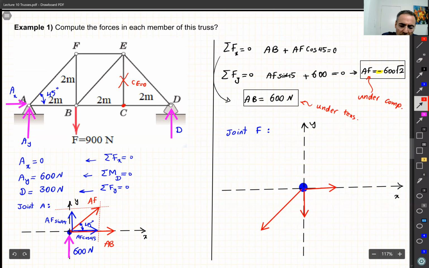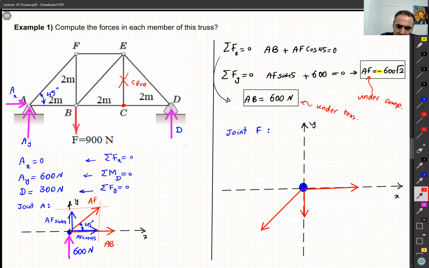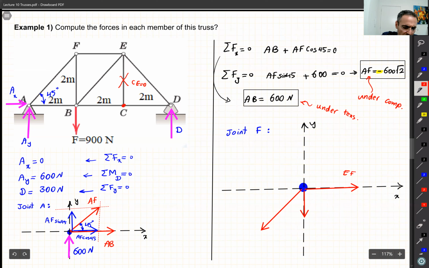And this one, EF. Okay, so joint F, it has 3 members, and we draw the 3 members there. All right, so let me write them down, the name. So this one is EF, this one is BF, and this guy is AF.